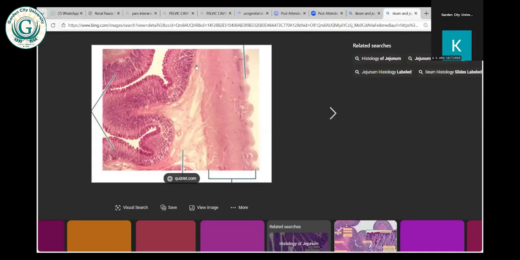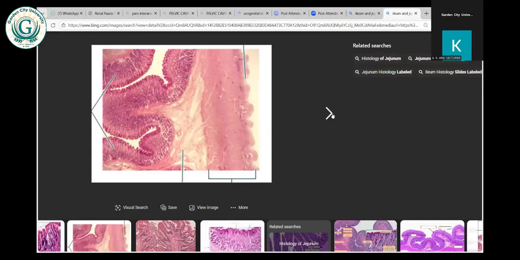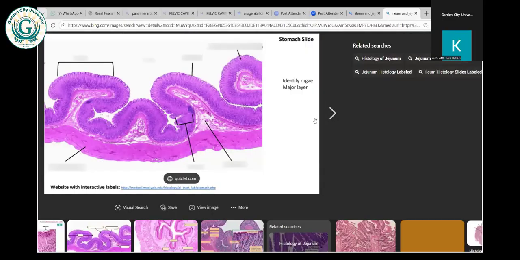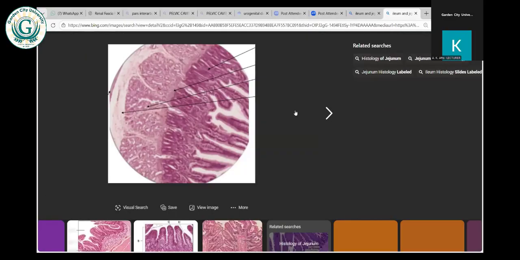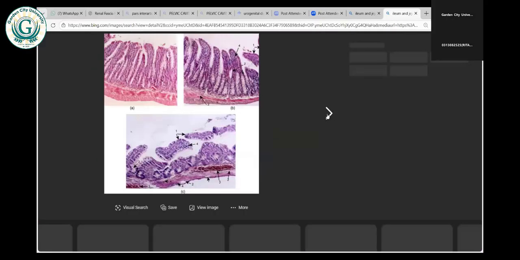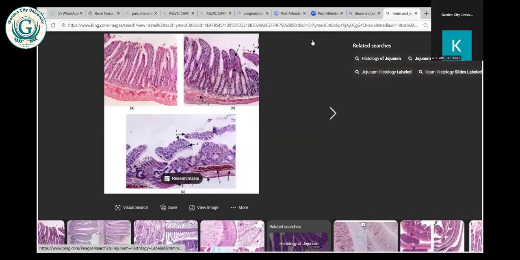I've seen something here too that I think I can talk about. When I was looking at the duodenum, I'm just trying to connect the histology to help you better appreciate some of the things that we are talking about.